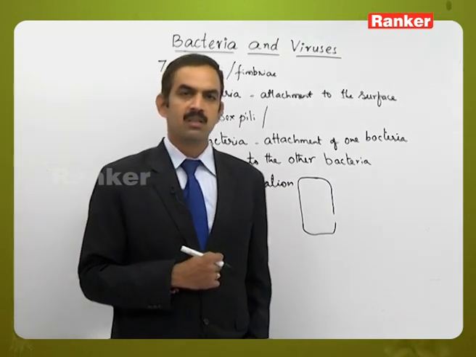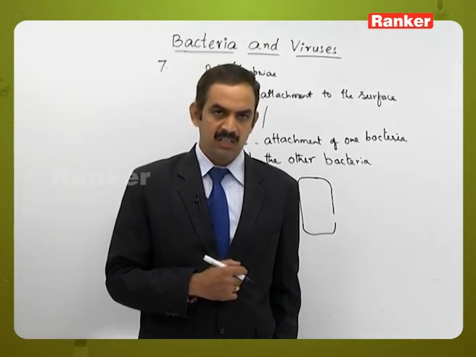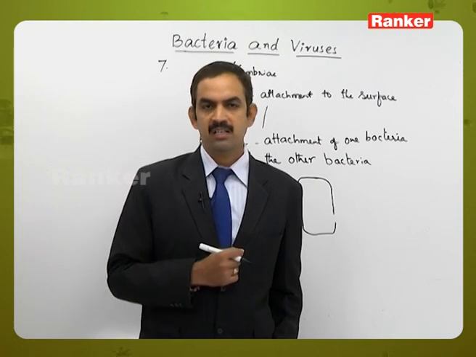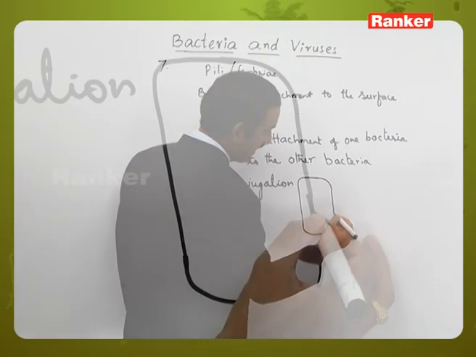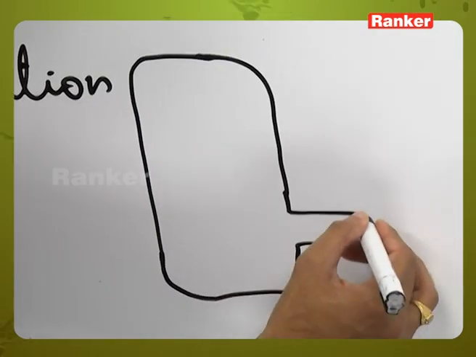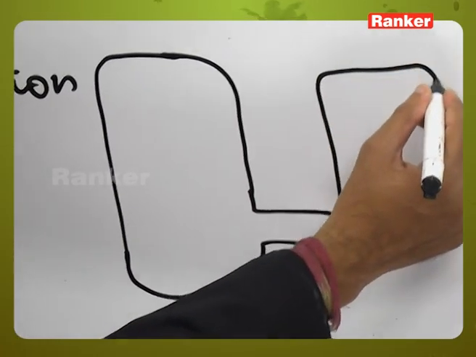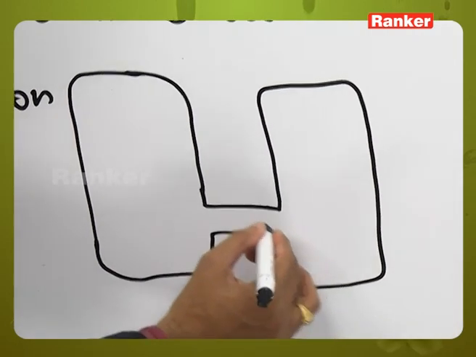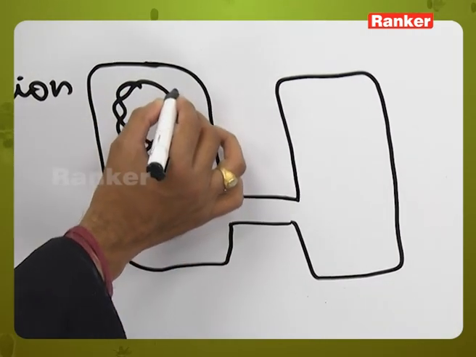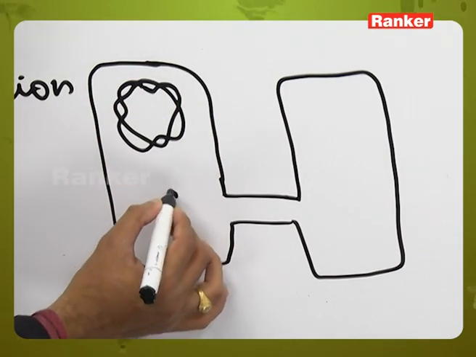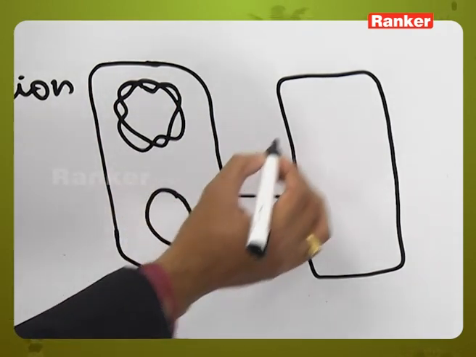And here, one of the conjugants contains this long elongated hollow structure, which is called sex pili. That will help in attachment of one bacterium to the other like this. Inside the bacteria is the genetic material, the nucleoid, and this is a plasmid part.